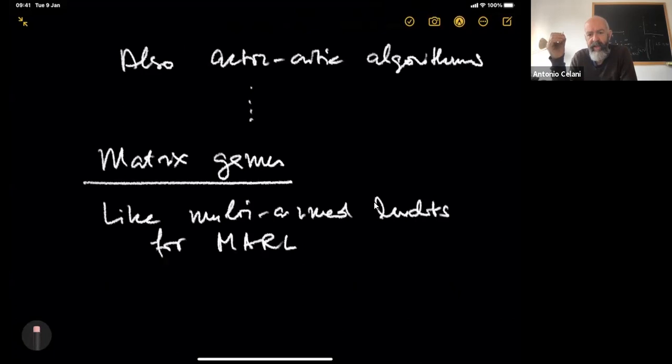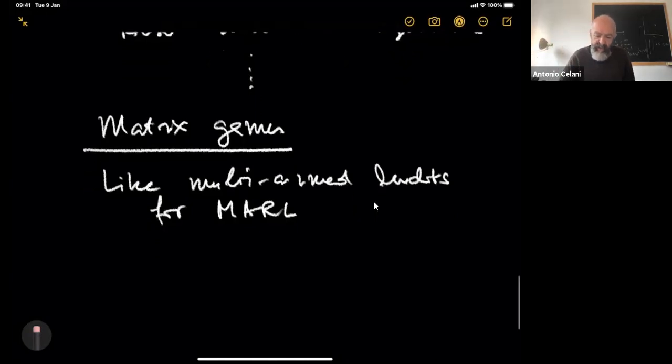Okay, so the goal of multi-agent reinforcement learning model free in matrix games is to provide algorithms that can play well no matter what structure of the game you have. Okay, I hope I'll be more clear in a second.